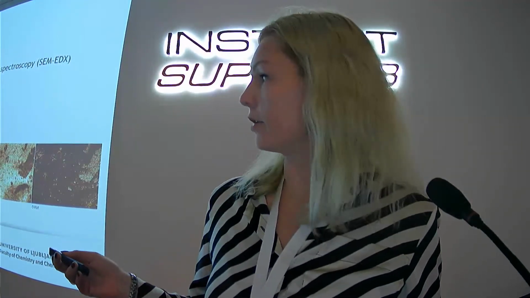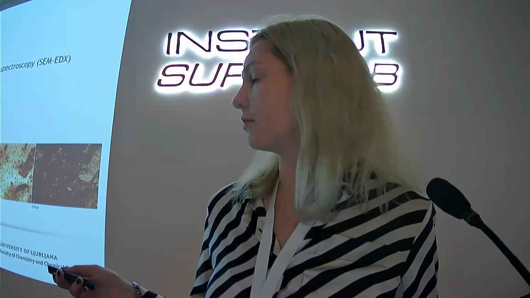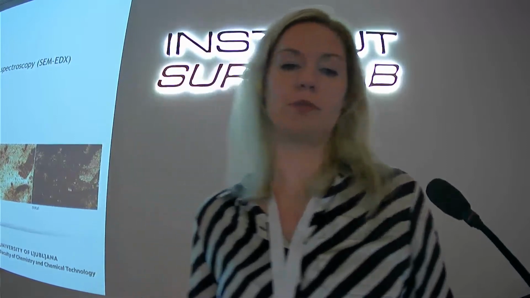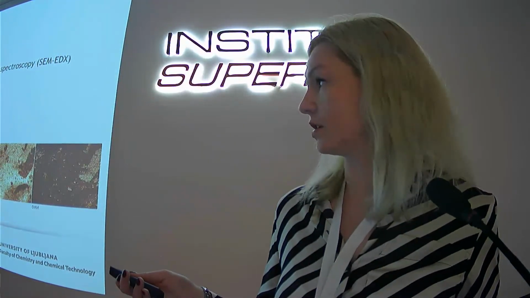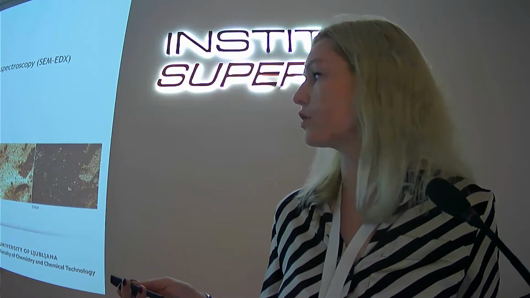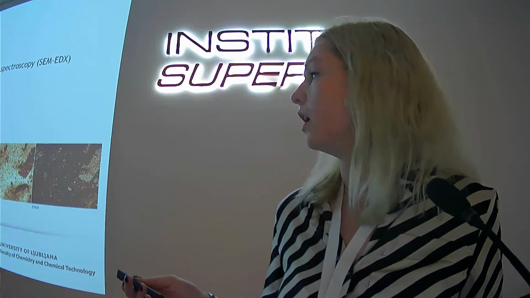And in this case, there was polyethylene modified with magnetic fluids, so with iron, because we are now testing the possibility of using magnetic microplastics for easier separation. And here you can see these particulates adsorbed on the surface of the polyethylene that are indeed iron and also some oxygen.